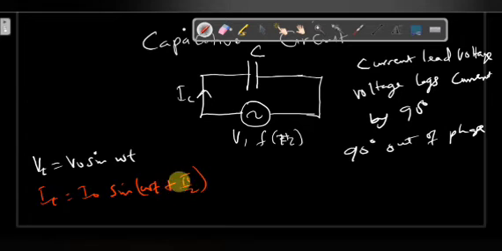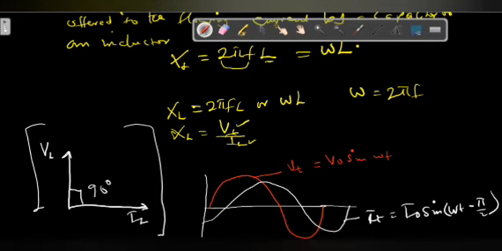Now you can see that I'm using plus here because it is actually faster than the voltage. It is ahead of the what? The voltage. Now you see that in all the three circuits that I've explained, I did not alter the instantaneous voltage. It is only the instantaneous what? Current.